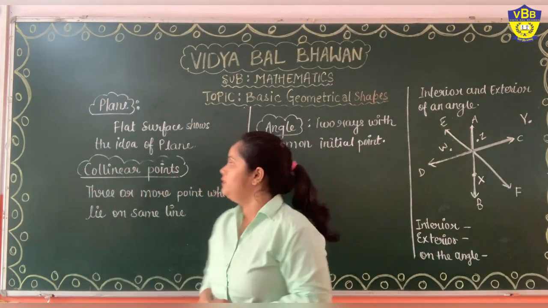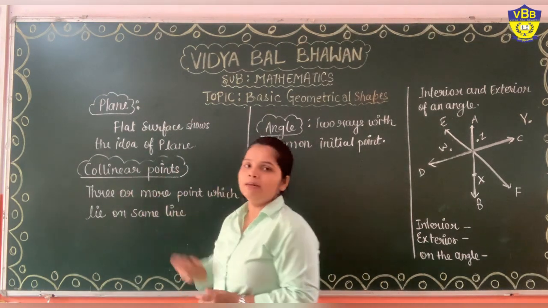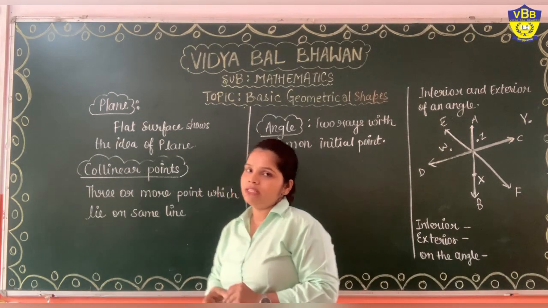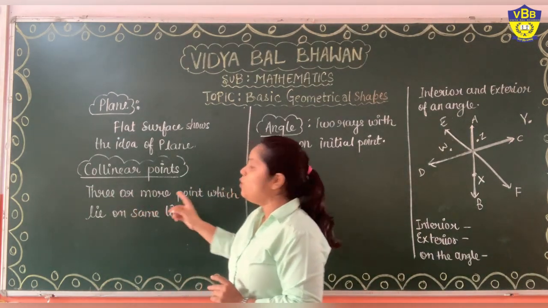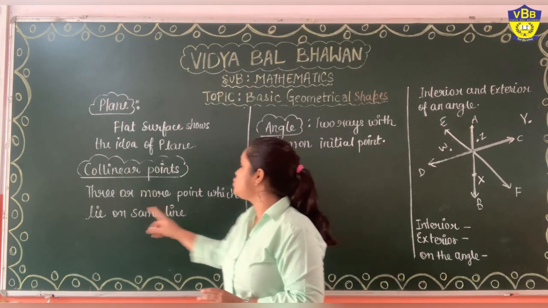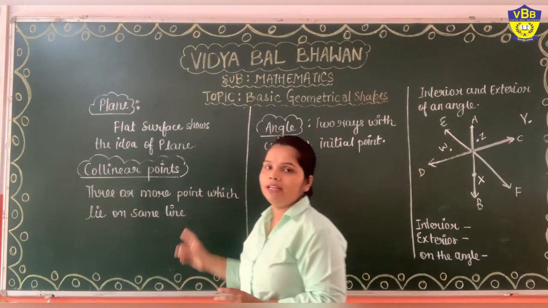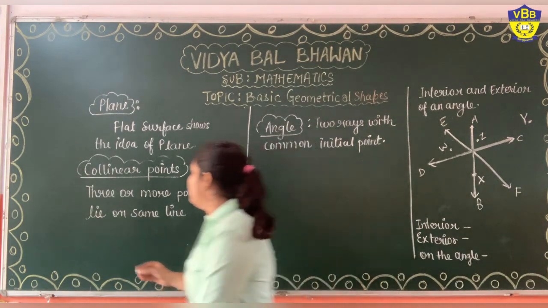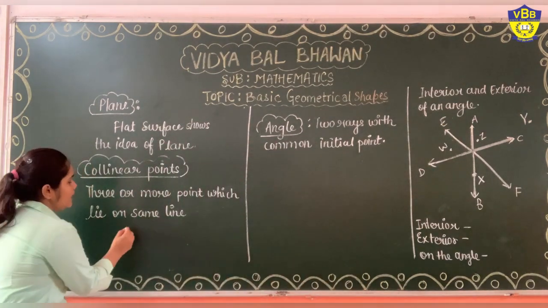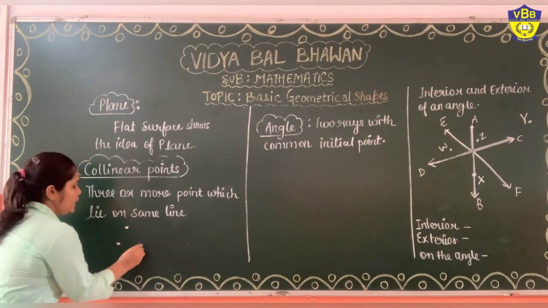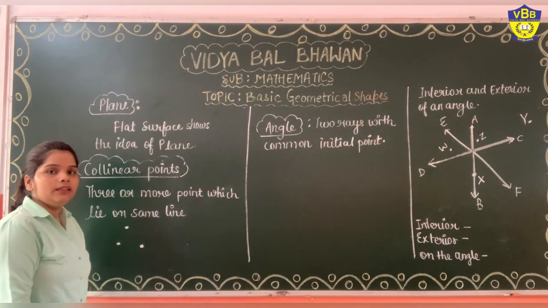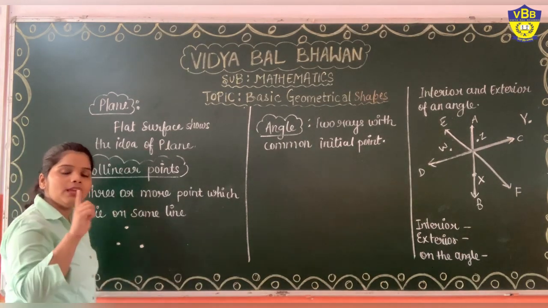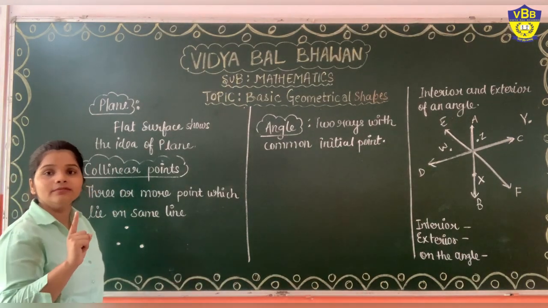Okay. Next one, collinear points. What are collinear points? Three or more points which lie on the same line. What does it mean? Simply, if I make 3 points here, can you join these 3 points with the help of a single line?